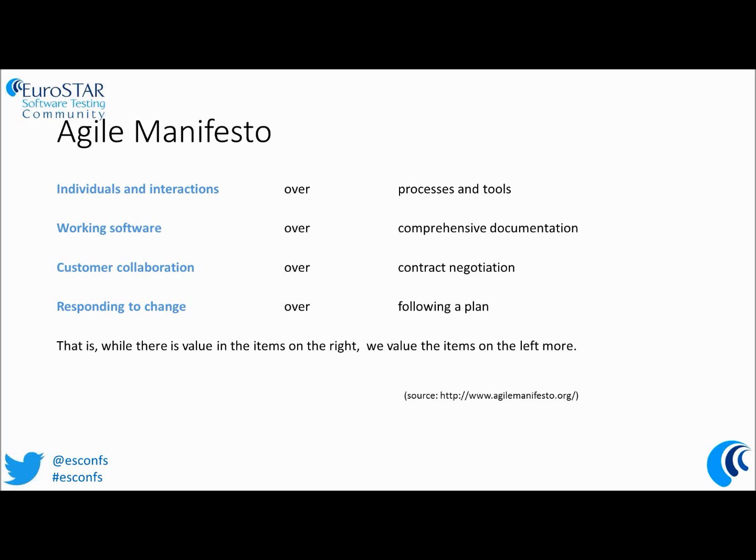So we choose that. And for all the 4 rules, this is exactly the same. So we value everything that's on this slide, the left side and the right side, but when we have to make a decision within our project, the left side is more important. So you see we will be going for working software and not comprehensive documentation, changing over following our plan. We still have a plan, but sometimes changing is more important.